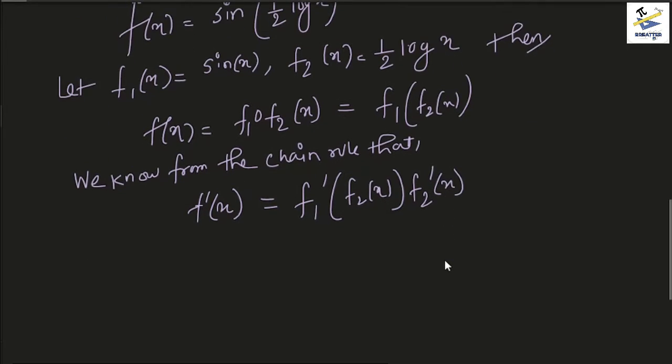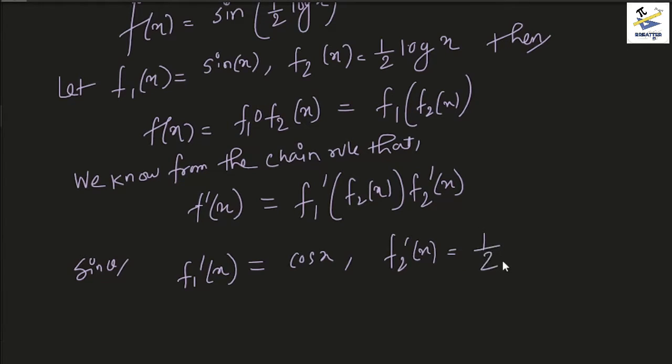Okay, so how do we do that? So we need to find the derivative of f1 and f2 first, which are basically standard derivatives. Since f1 of x's derivative is just cos of x, and f2 of x's derivative is just half, which will remain as it is because it's a constant, and log of x evaluates to 1 by x.